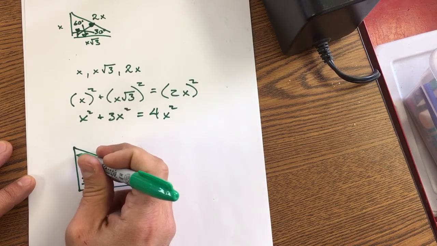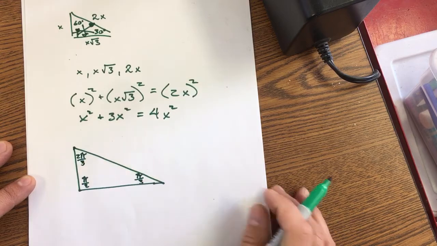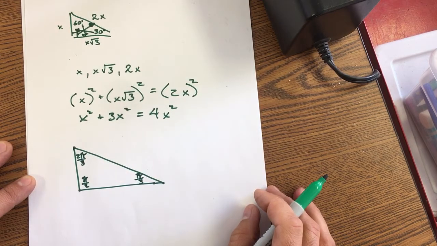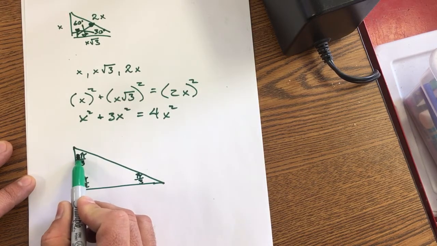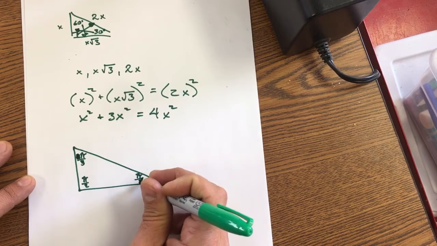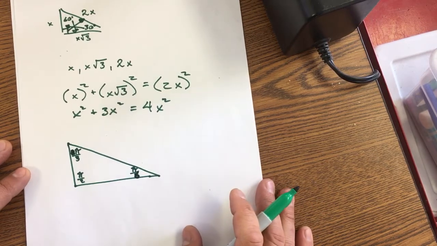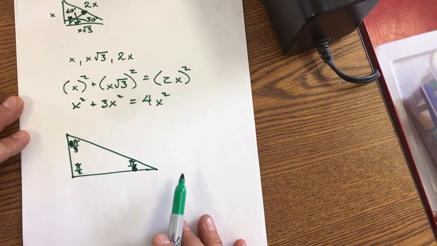And this is going to be 2 pi over 3. No, that's not right. I'm sorry. I apologize, guys. This is going to be pi over 3, and this is going to be pi over 6. My apologies.